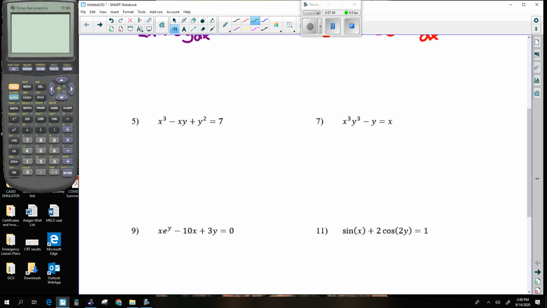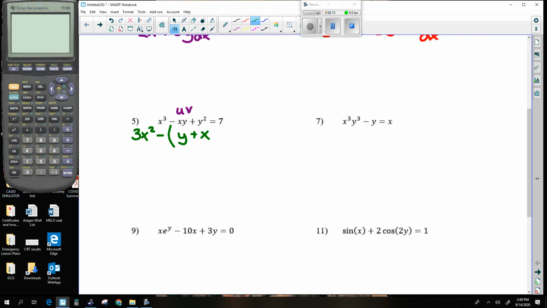Okay, number 5. We have the x to the third, which is 3x squared, minus. All right, here you have to think of this as being the product rule. So minus, and I'm going to create a big parentheses. Now I have to do the product rule. The first one is the u prime, which is the x, so that just leaves a regular y, plus leave the first alone, and now I take the derivative of the v, which is the y.